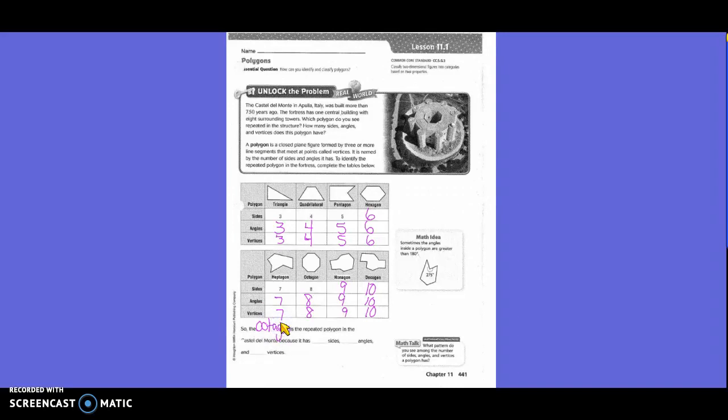It is the repeated polygon in the Castle del Monte because it has 8 sides, 8 angles, and 8 vertices. So basically they're saying the repeated pattern because you see it here, you see it right here, you see it here, and then you see it in each one of these little sides.